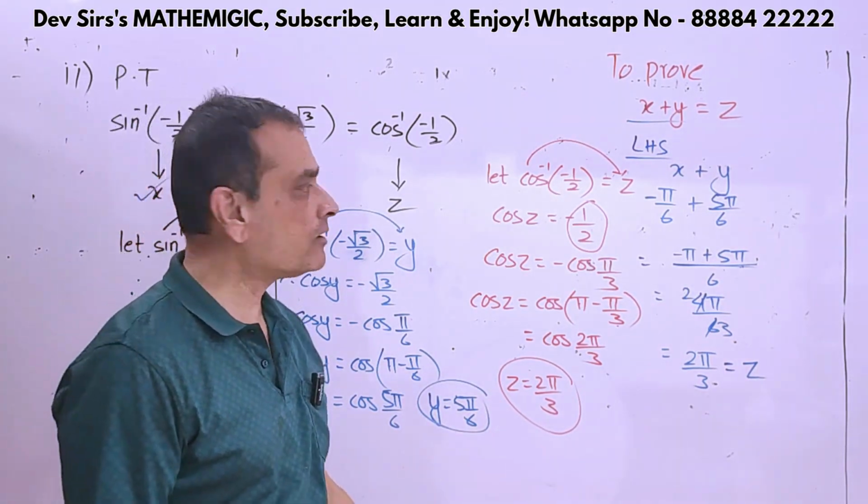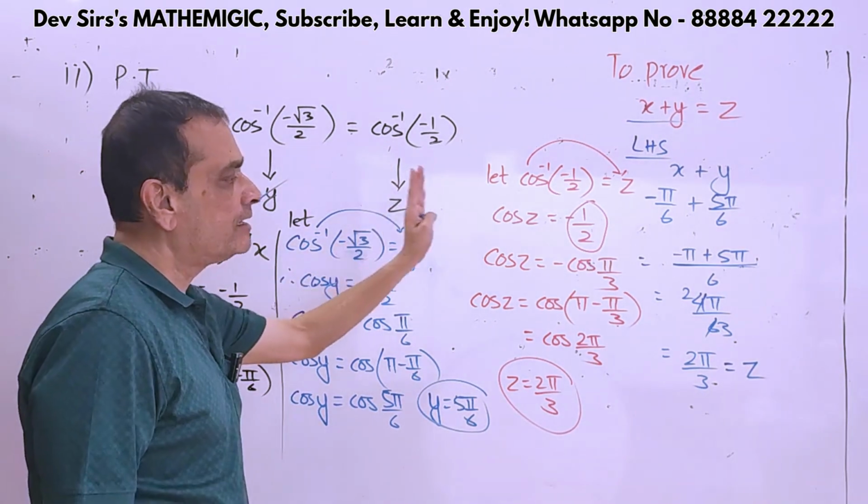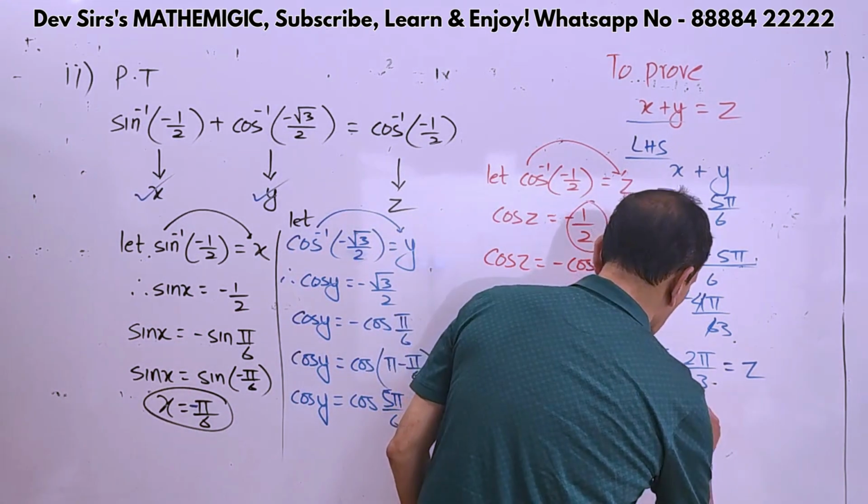So that is what we have proved. Again, call this as x, this as y, this as z. X plus y equal to z prove किया है हमने.